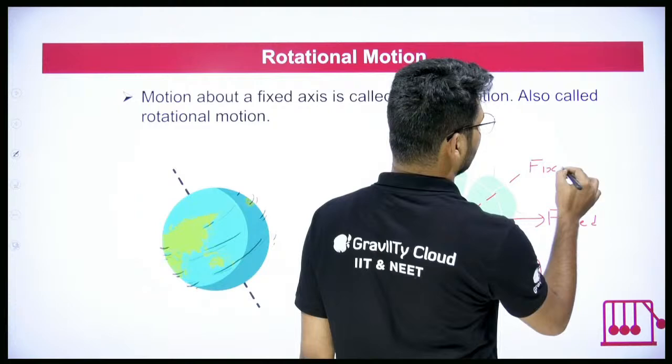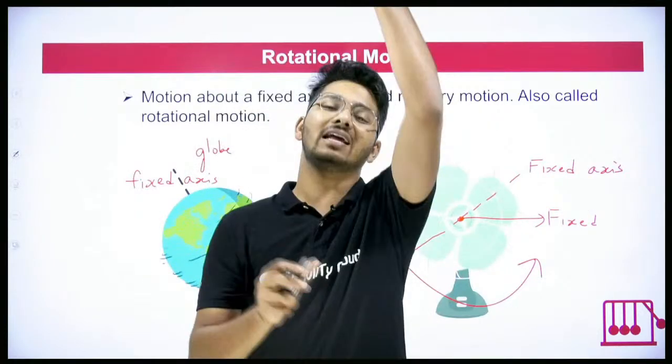Look at this. Think of it as a globe. That in fact is Earth rotating about its own axis. If you take a globe, it can be rotated. Now there will be a line here, a support, that will be fixed. So that line will be called the fixed axis, because it does not move. Even in a ceiling fan, the blades rotate, but at the center there is no rotation; the center will be fixed.